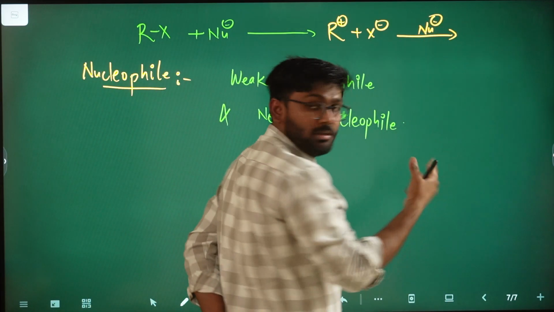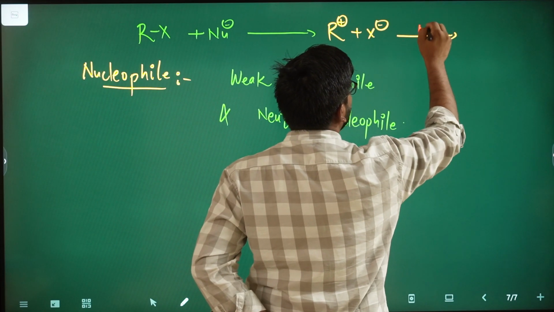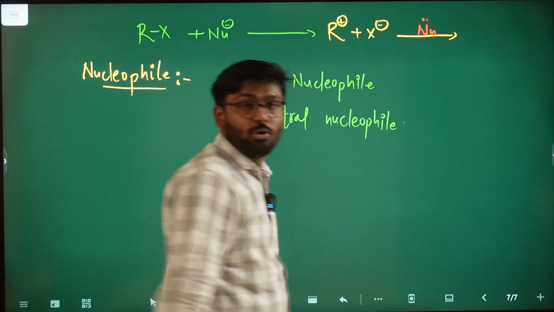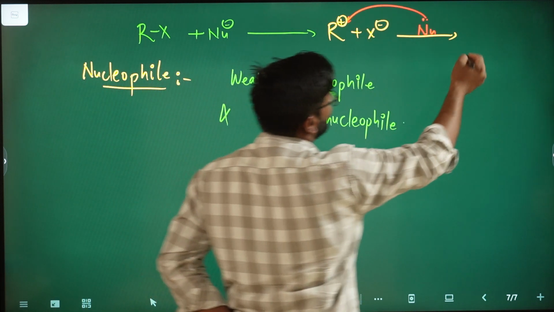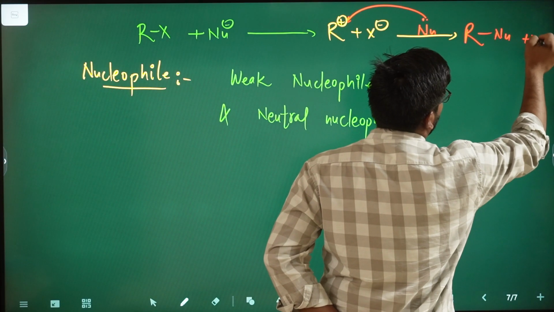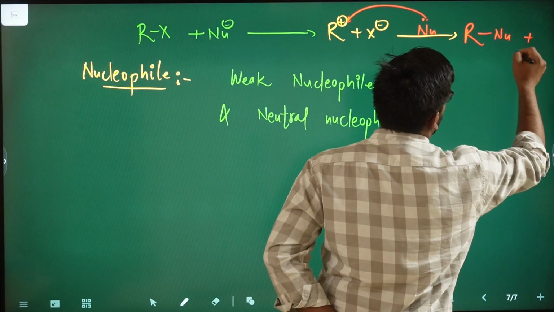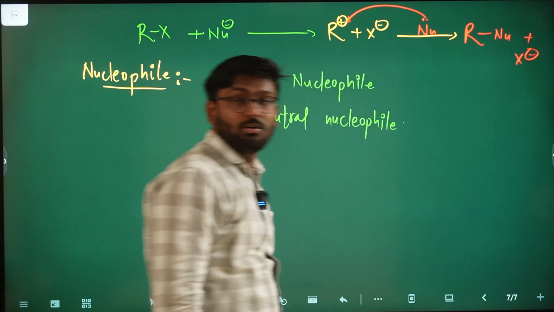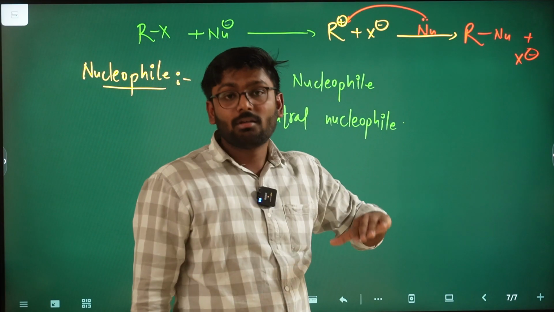Here it can be neutral. If it is neutral, then it will have a lone pair. So this will attack on this and form the product, like X minus.